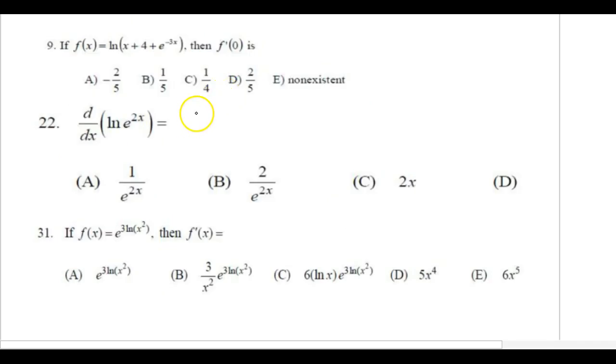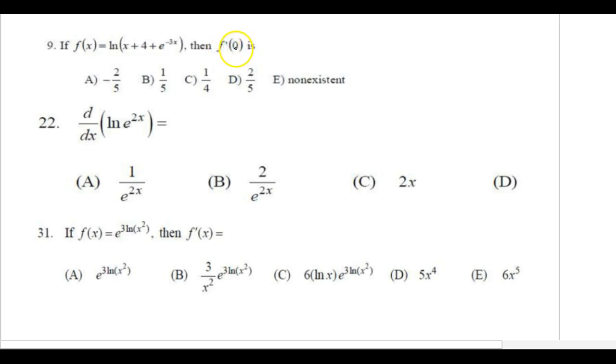Alright, for these next three problems, I really wanted these next to each other to show the different rules and simplifications that we can and cannot apply. So for this first one, I have f of x equals the natural log of this entire quantity, x plus 4 plus e to the negative 3x. And I'm being asked to find the derivative at x equals 0.